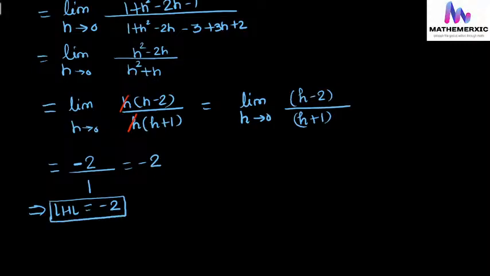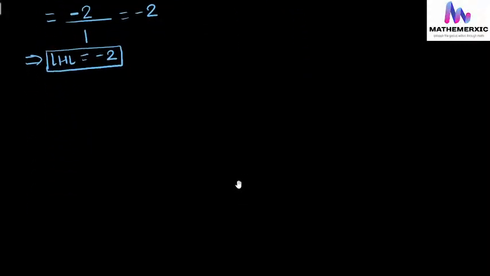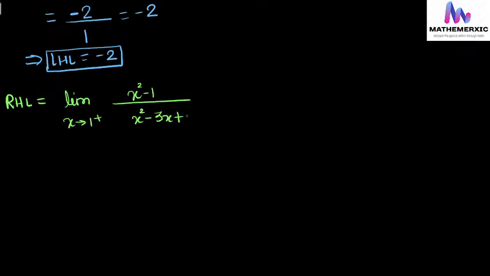Okay. Now let us see the RHL value. Right hand limit will be limit x tends to 1 plus of (x square minus 1) upon (x square minus 3x plus 2).